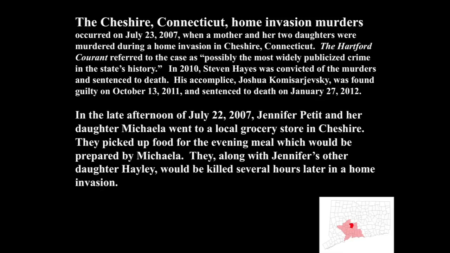In 2010, Stephen Hayes was convicted of the murders and sentenced to death. His accomplice, Joshua Komisarjevsky, was also found guilty on October 13, 2011, and sentenced to death on January 27, 2012.